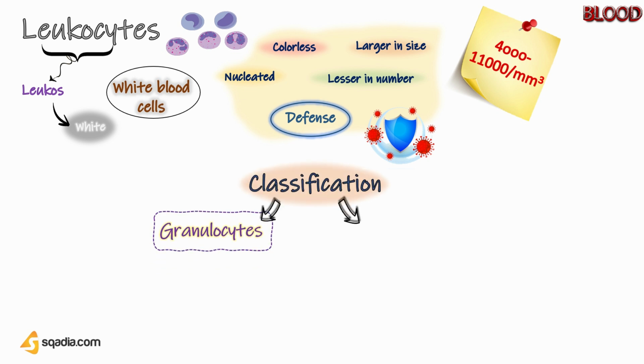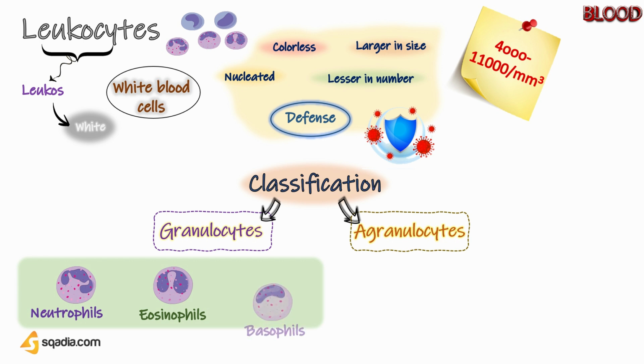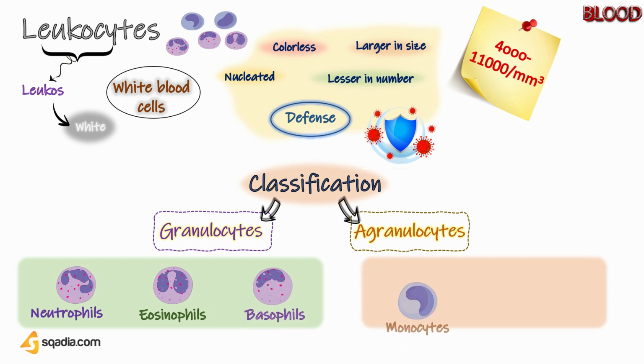Granulocytes, which have granules. 2. Agranulocytes, which do not have granules. Granulocytes are further classified into three types: neutrophils, eosinophils, and basophils, whereas agranulocytes that have plain cytoplasm without granules are of two types: monocytes and lymphocytes.